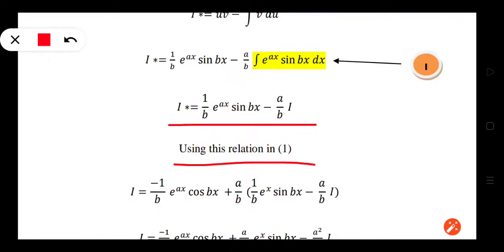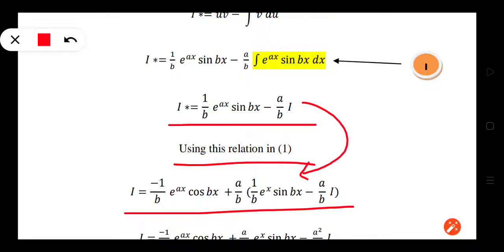So I equals negative 1 over b e power ax cosine bx plus a over b times the result of I star.